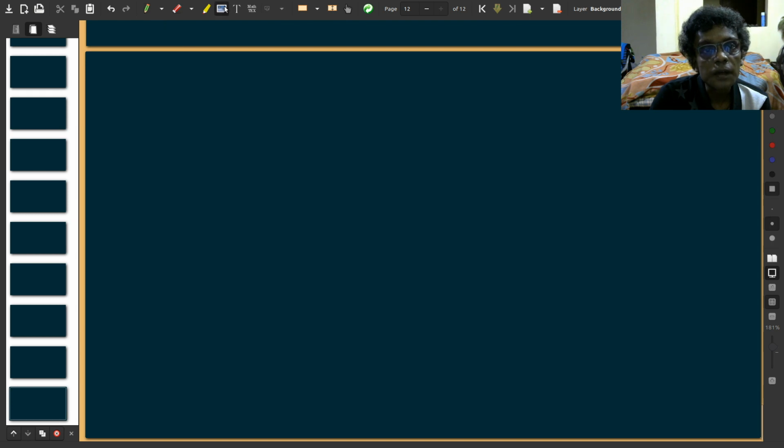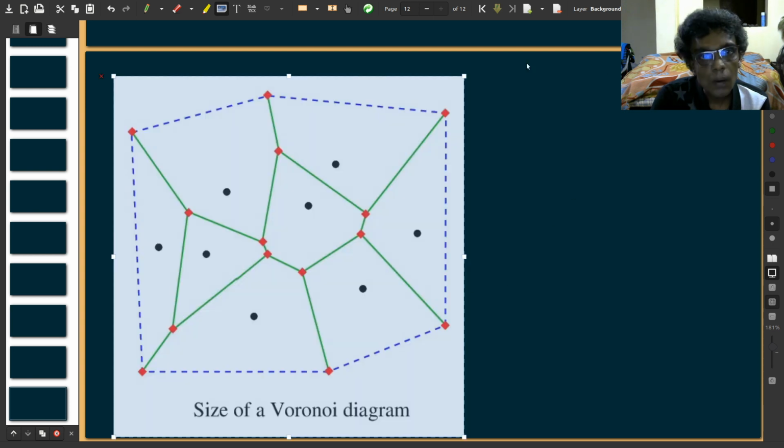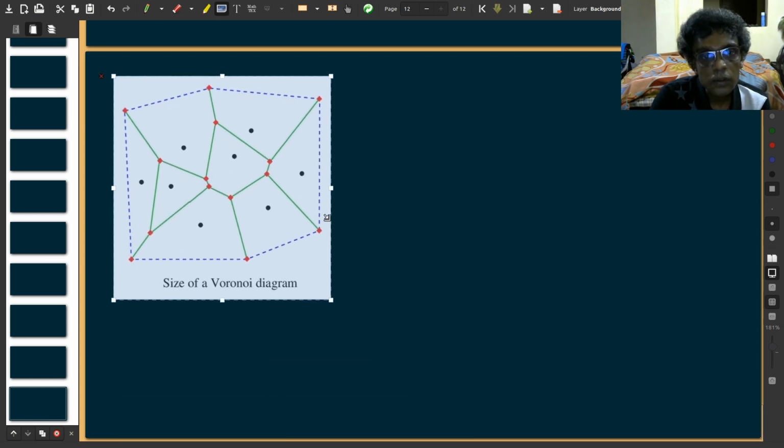So, once again, we import a diagram. This one.